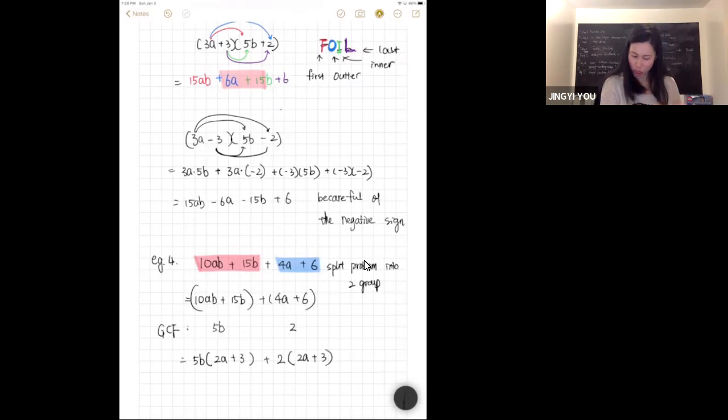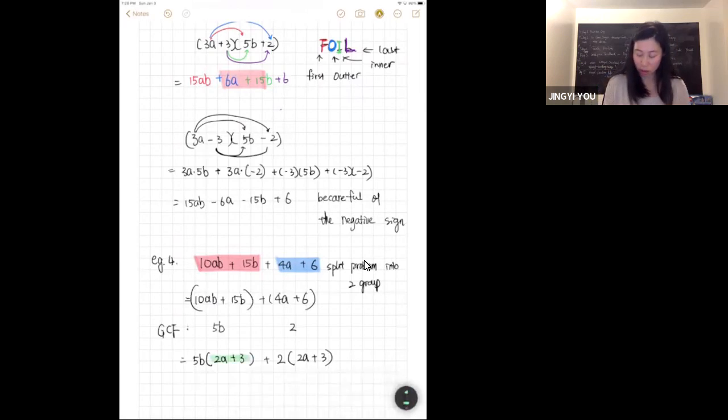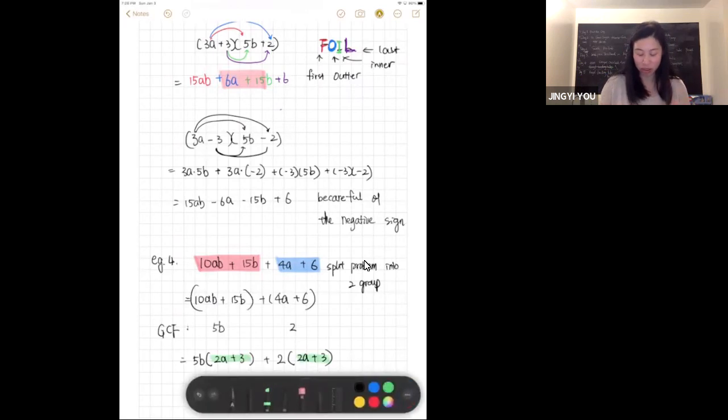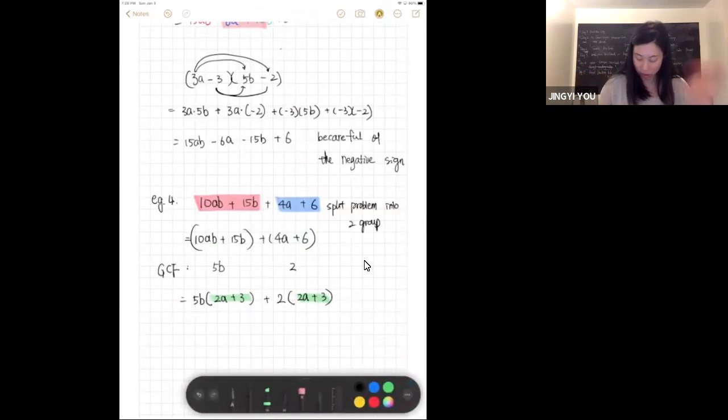Oh, wait a minute. Do you see something in common here? Wow, they both have 2a plus 3. So now can we group this again, since 2a plus 3 is the common factor after we regroup them?